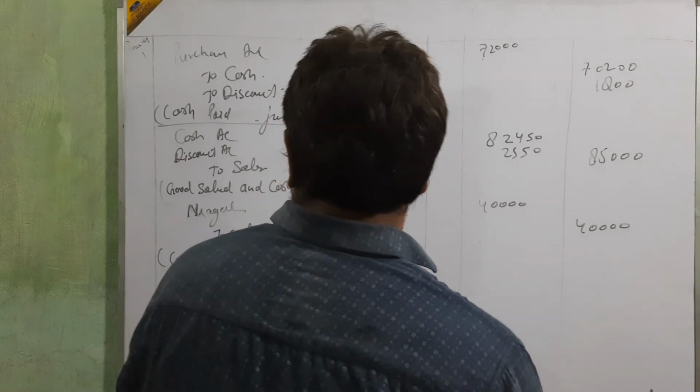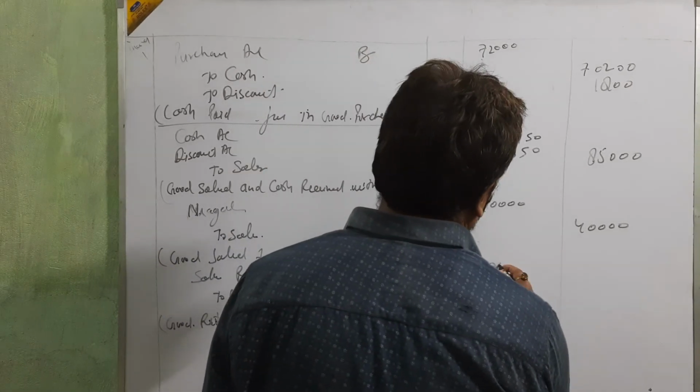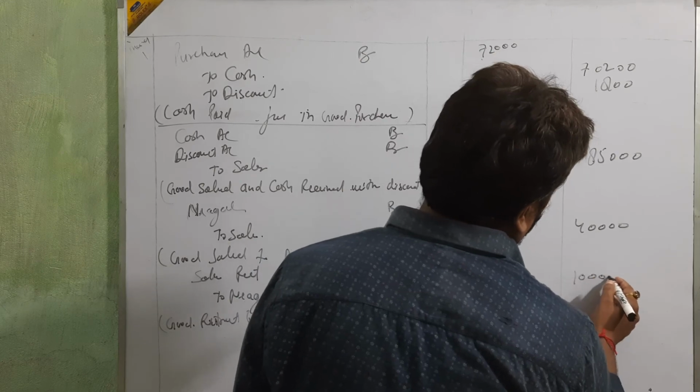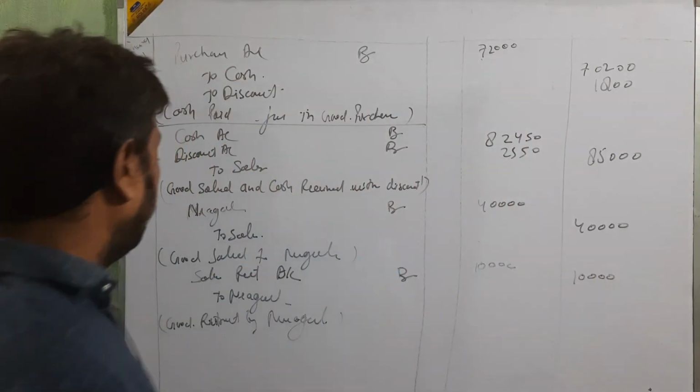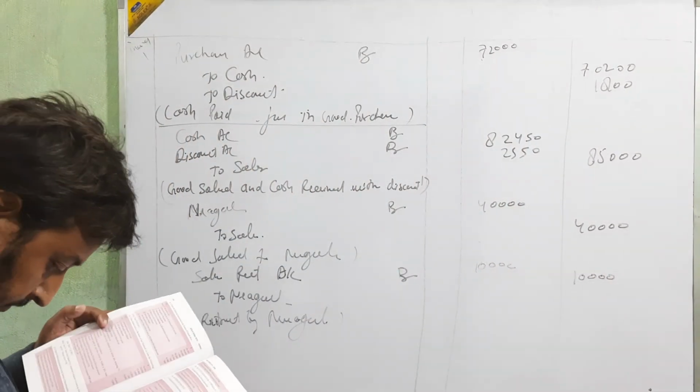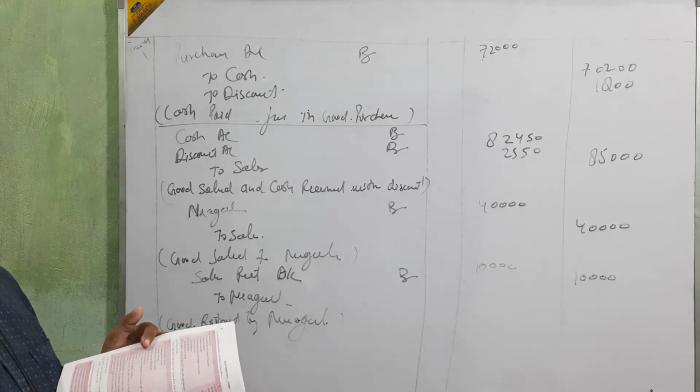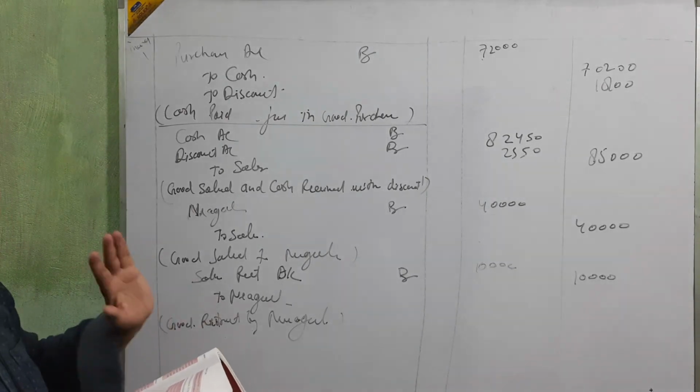Sorry, 1/4. 1/4 means 10,000. Clear? Now I'm going for the last. Okay, clear or not? Clear, beta?